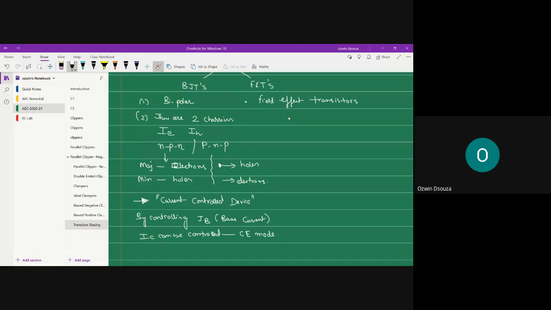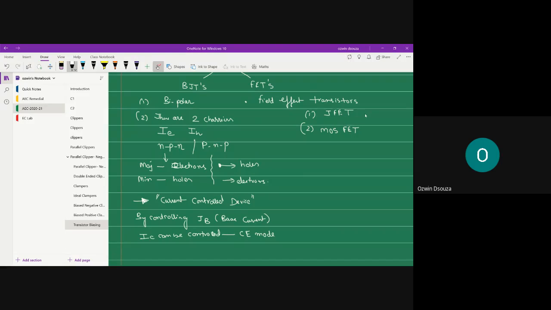On the other hand, field effect transistors are broadly classified into two types. One is JFET, junction field effect transistor, and the second type is MOSFET, metal oxide semiconductor field effect transistor. More of it we will discuss when we reach module 5.